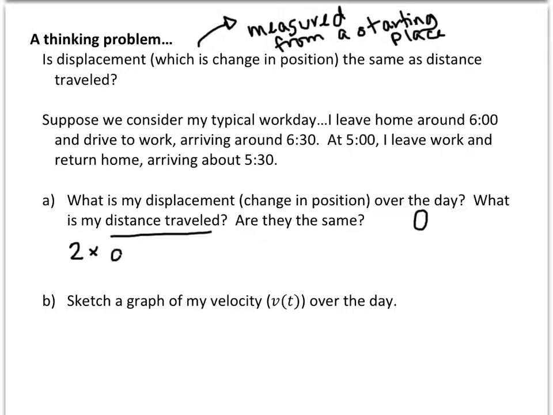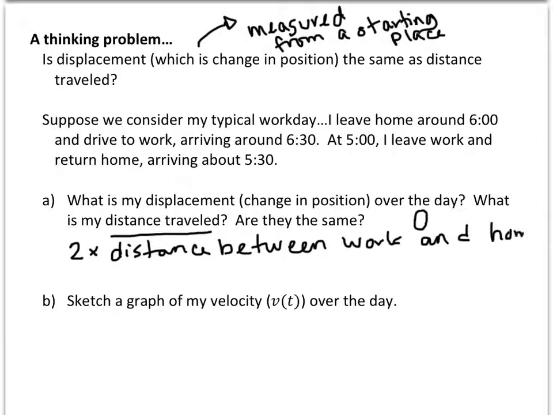So it's 2 times the distance between work and home. And for me, that's 2 times about 20 miles. So my distance traveled is about 40 miles. The point here, though, is that they are not the same.